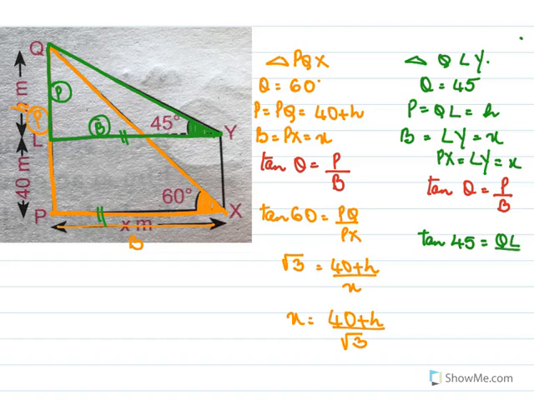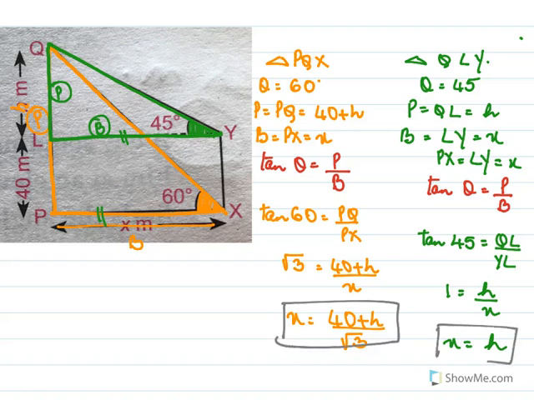Perpendicular is QL, base is YL, so tan 45 is 1, QL is H, YL is X, so we get X equal to H. Now we have two expressions for X, so we equate them: 40 plus H over root 3 equal to H.